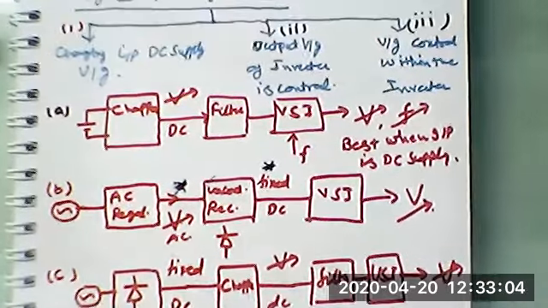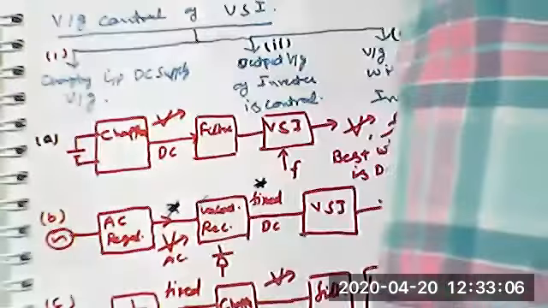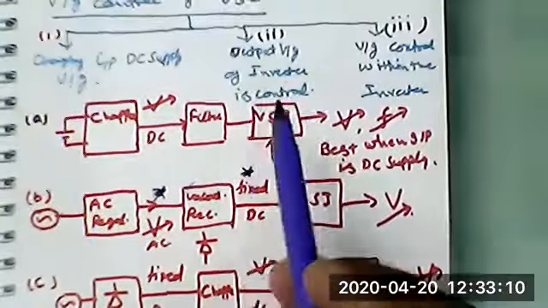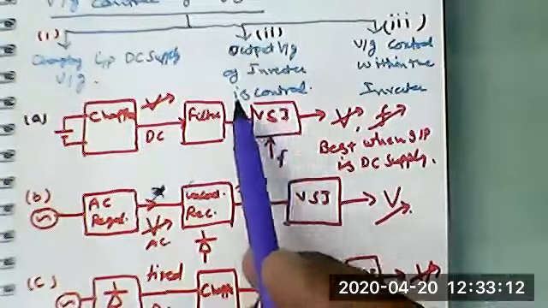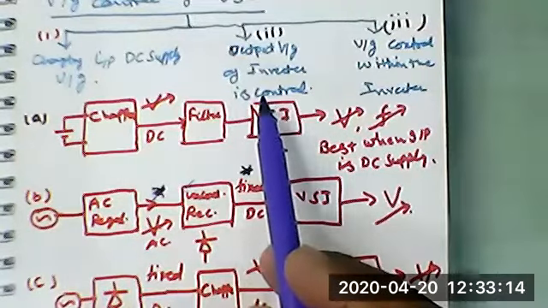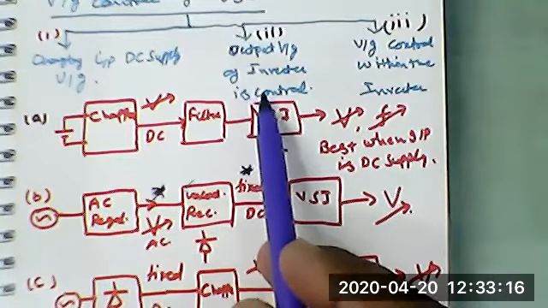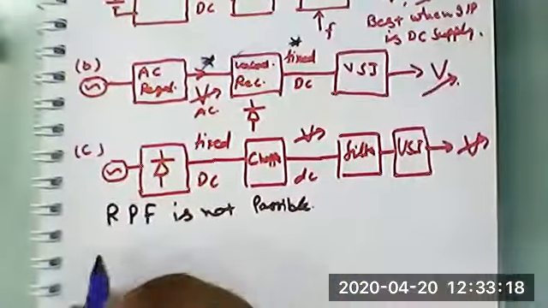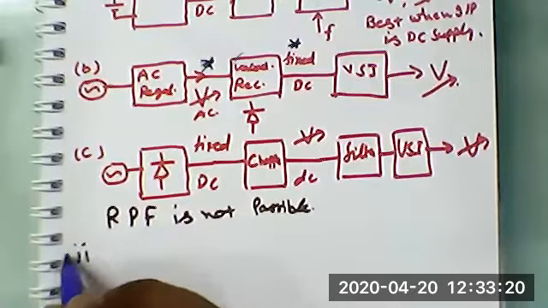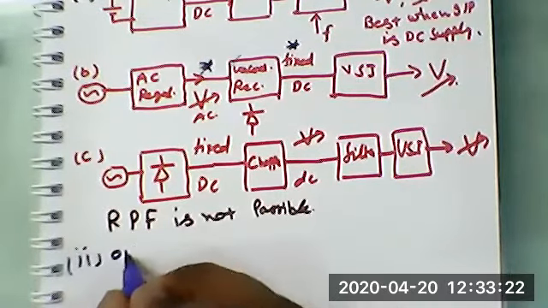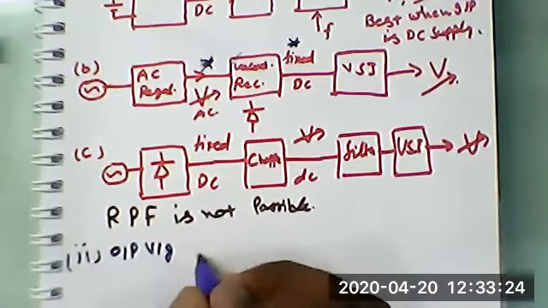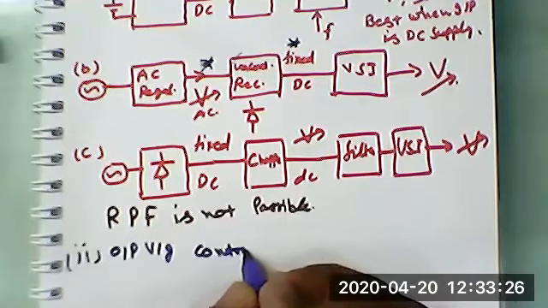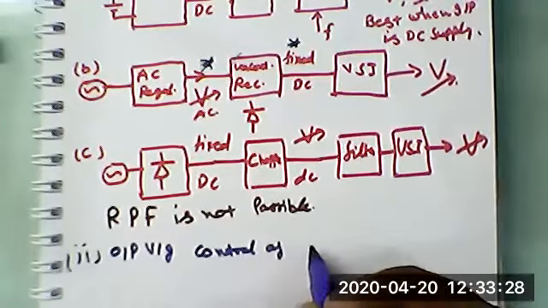Now, the second case, let me change the color. That is output voltage control of inverter. Second case, output voltage control of inverter.